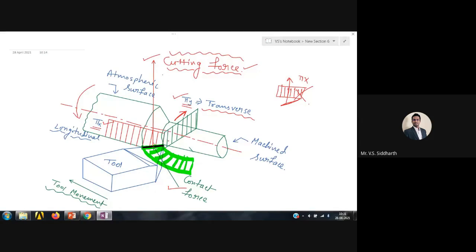For the purpose of doing the analysis of the forces, we bring two different planes, and these two different planes are the planes of the tool.